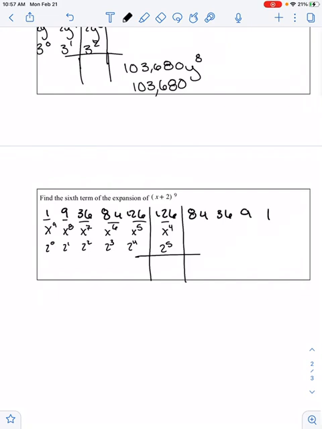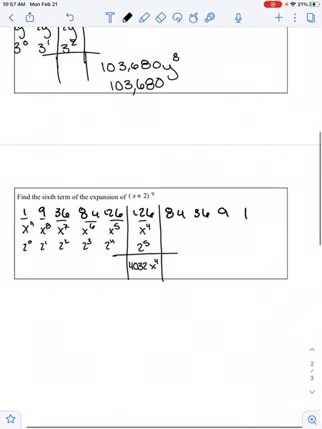So 2 to the 5th power is 32 times x to the 4th is 32x to the 4th times 126 would be 4,032 x to the 4th. And since it wants to know the 6th term, that is our answer, 4,032 x to the 4th.